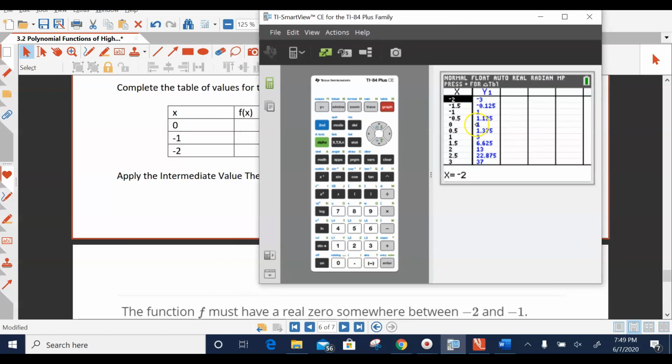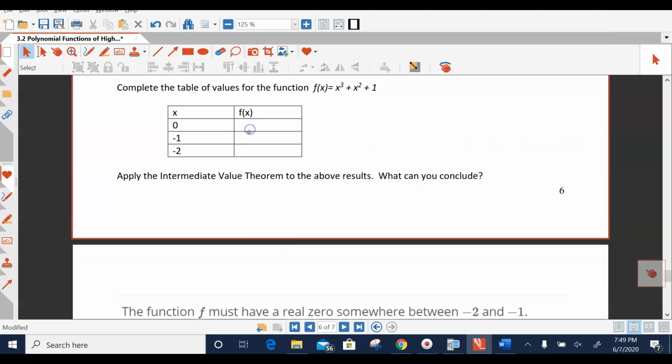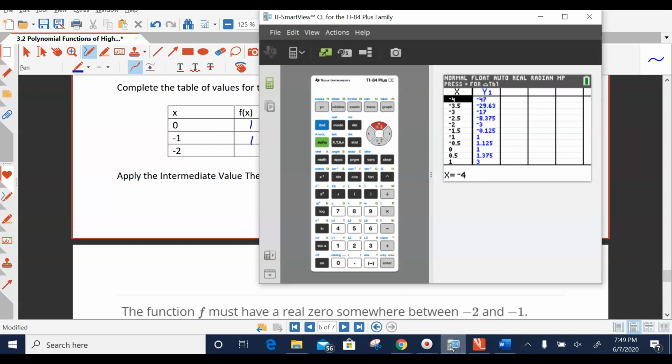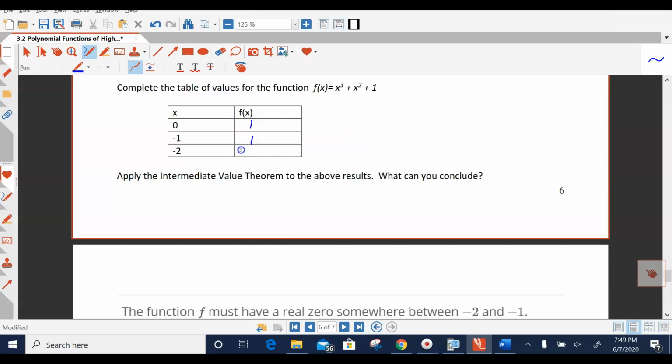I want to see what happens at 0, at -1, and at -2. So at 0, I'm at 1. At -1, I'm at 1. And I did not get a good look at -2. It was at -3.